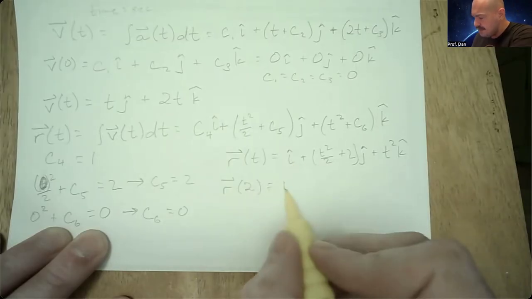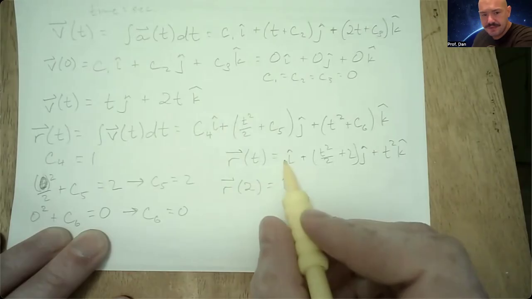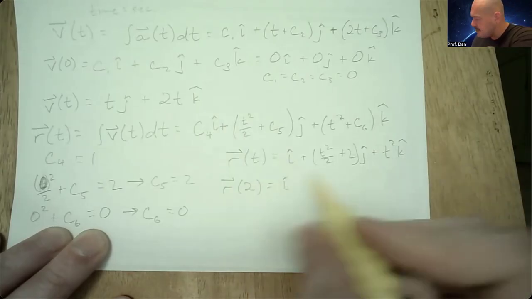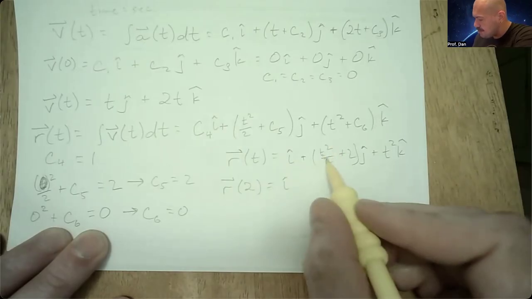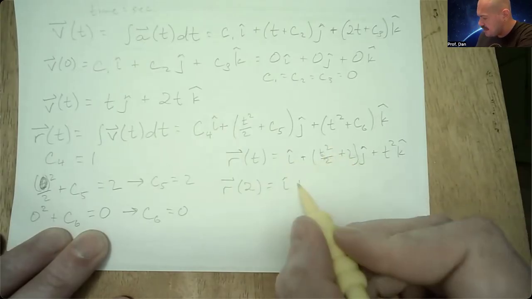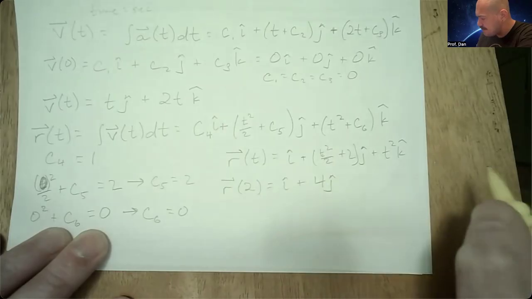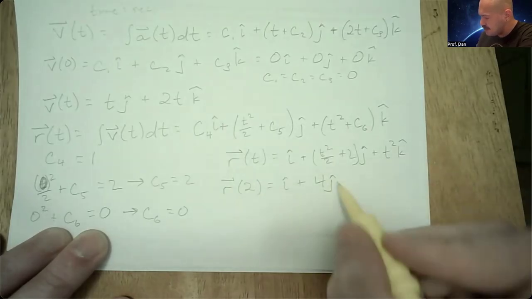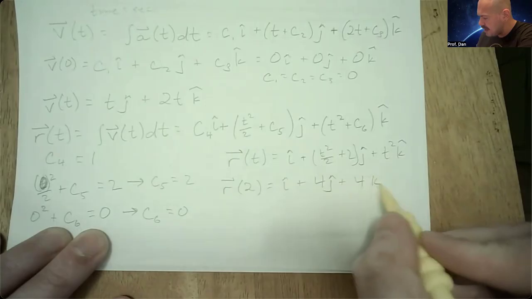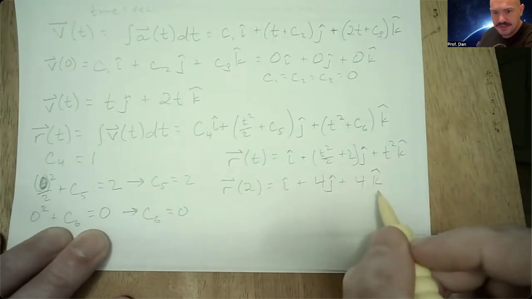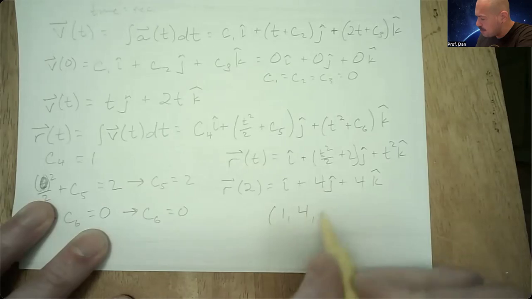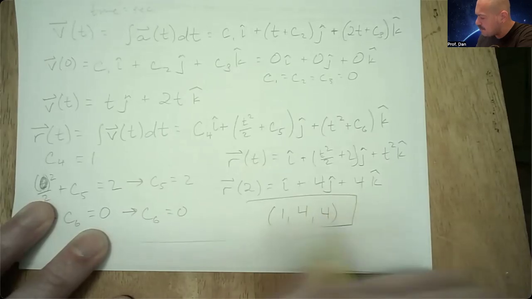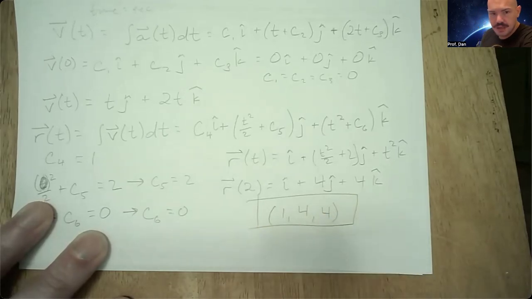So for i, it's still going to be i. There's no t dependence here. For j, if I plug 2 in for t, I get 4 over 2. That's 2. Add 2, you get 4j. And then 2 squared, we get 4k. So that's the position vector, meaning that we would be at the coordinate 1, 4, 4. And there we go.